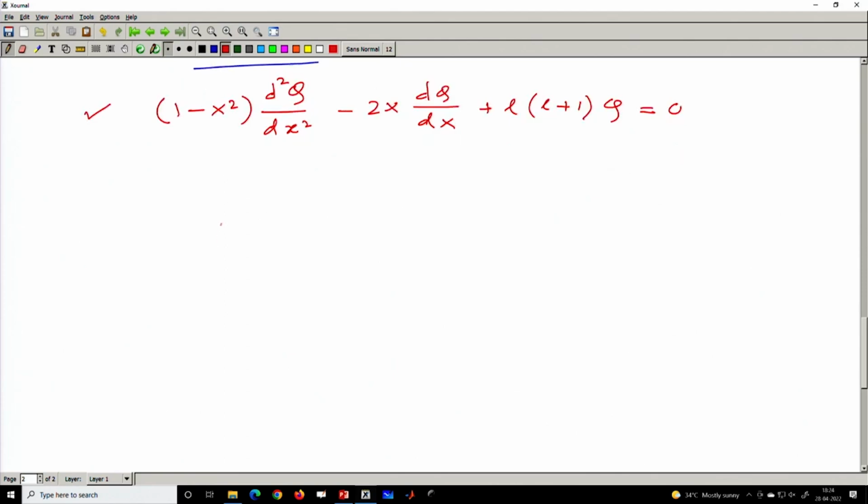So, the general solution is then known to us, and it is QL equal to the Legendre polynomial of x, or I should say PL of cos theta. This is the Legendre polynomial.